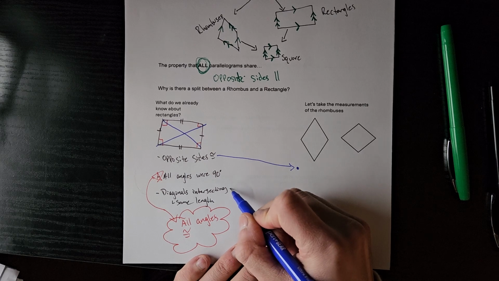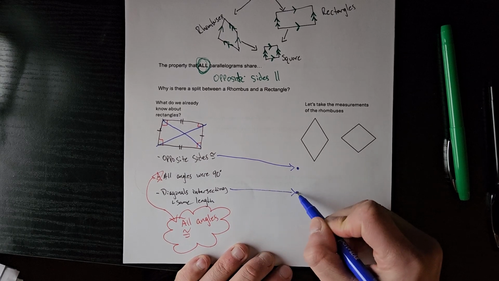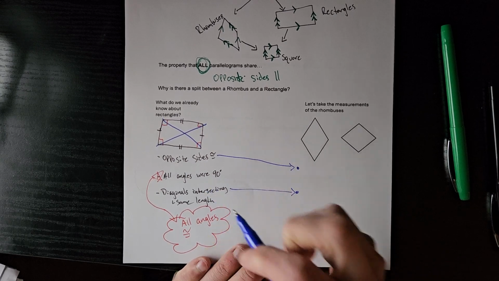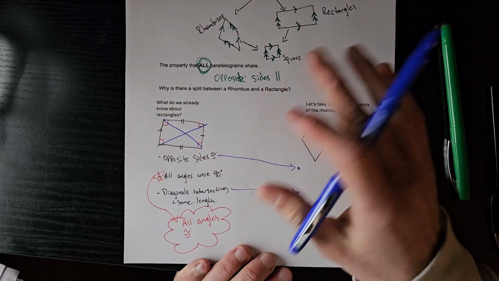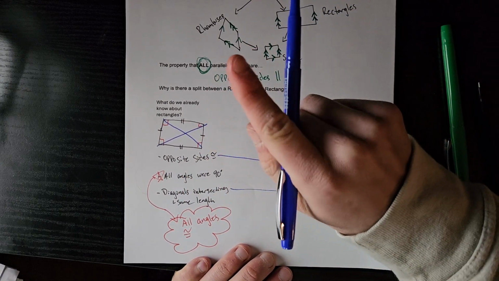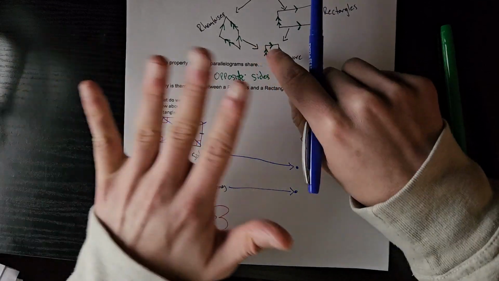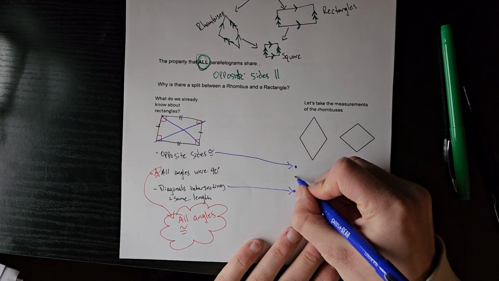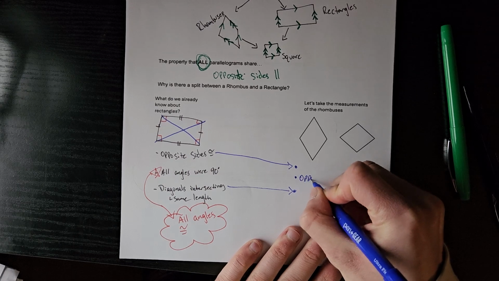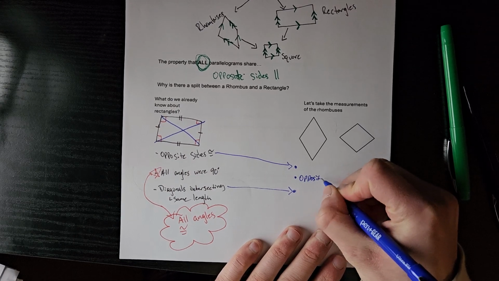Diagonals intersecting, that would apply. Same length, not always. Specific cases. And we can talk about that specific case when we talk about the square. But we're getting ahead of ourselves. One thing to know also is opposite angles are congruent.